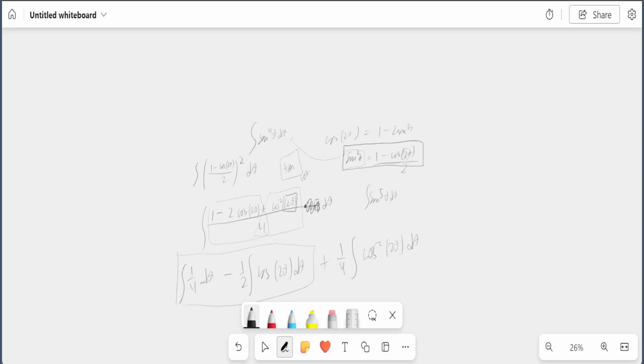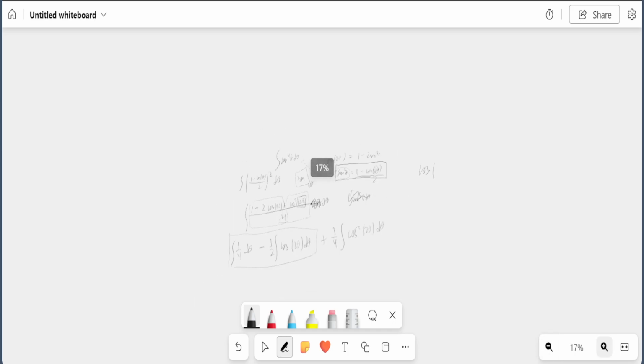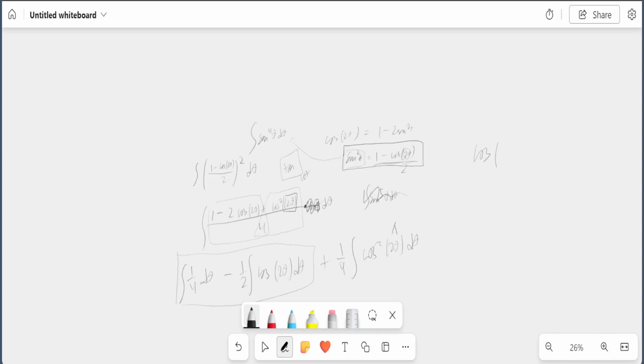So we know that cosine... I'm trying to figure out the best way to do this, because for simplicity's sake we can call it A, 2 theta, but then we need to find a dA, or would it be easier to just do it this way?